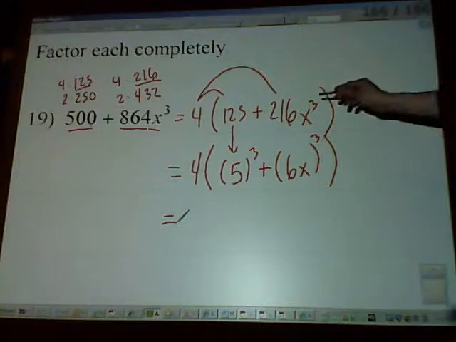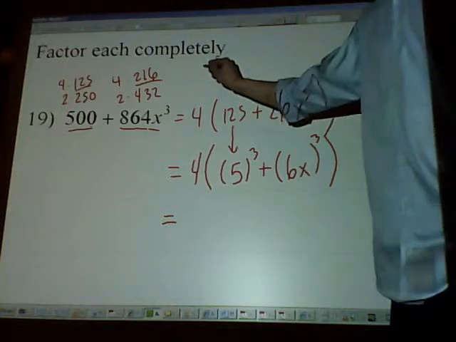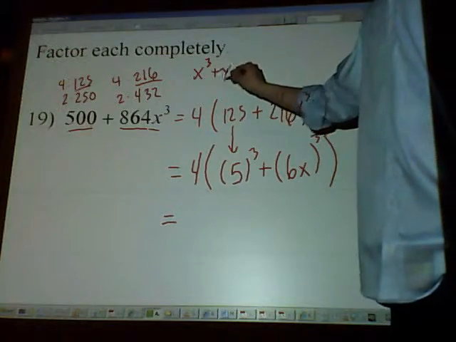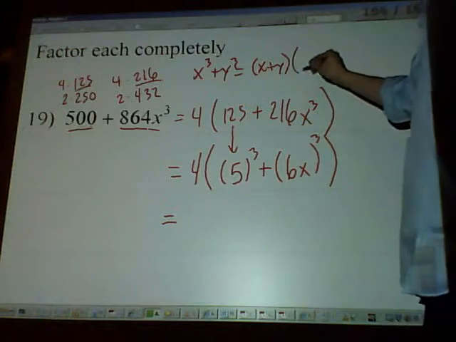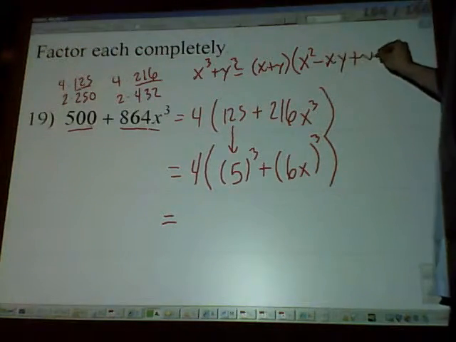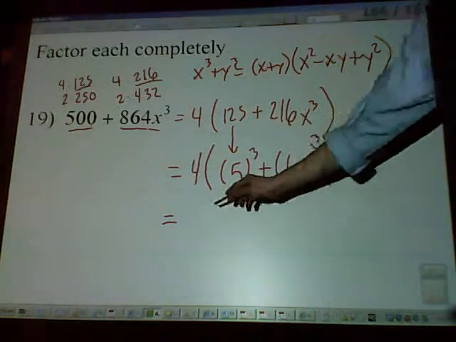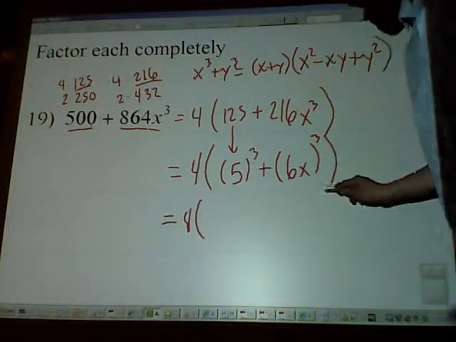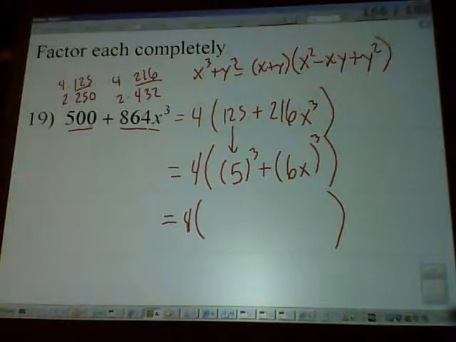Before we jump over here, let's write the formula one more time and make sure that we master using it, okay? You have x cubed plus y cubed equals x plus y times x squared minus xy plus y squared, okay? So now we copy this 4 out here, and then we do the problem the way we've been doing it up until now.